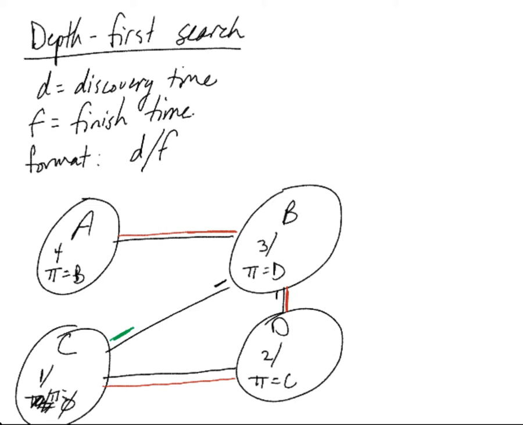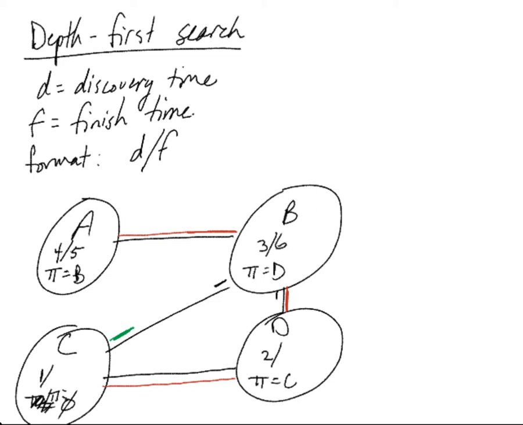Now, A has all its adjacent vertices processed, and so we can finish with A the next clock tick, which is 5. So A is finished. We go back to B, and everything it's connected to has been processed, so we give it a finish time of 6.